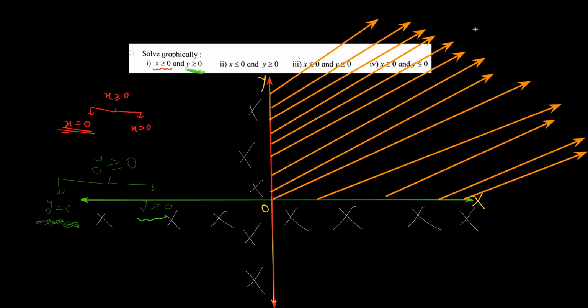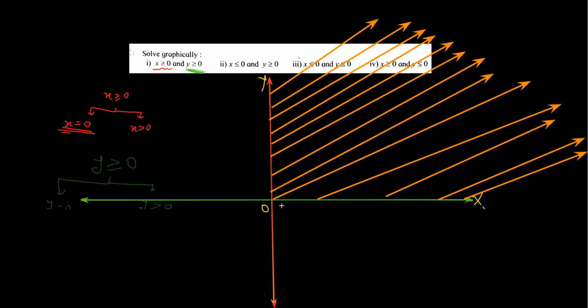And what about these strikings that you did? Just remove them all with the help of an eraser. When you remove them, you will get a nice looking solution set, solved graphically.